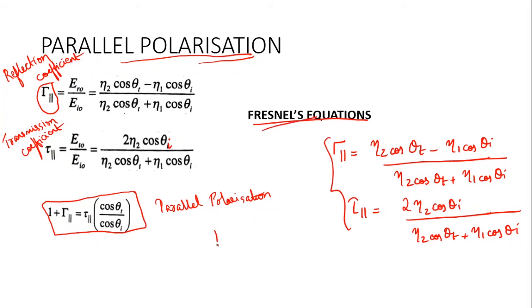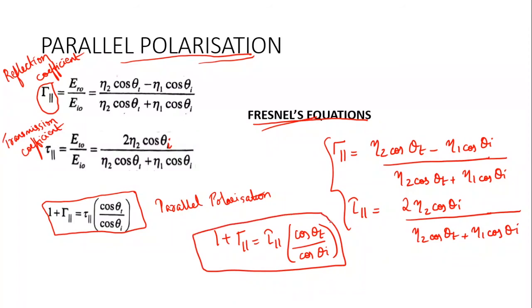And 1 plus the reflection coefficient corresponding to parallel polarization is the transmission coefficient into cos theta t divided by cos theta I. So these three equations have to be learned for parallel polarization.